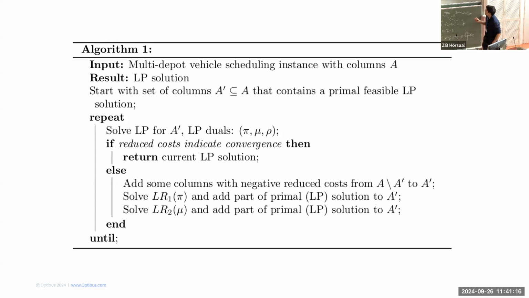And then we do something else, as we did before. Here we add some columns with negative reduced cost from all the other columns. I don't say how we select them, we do it in some way. And the trick here is, we take the duals that we got from the LPs, and we put them in our Lagrangian. We put them here and here.